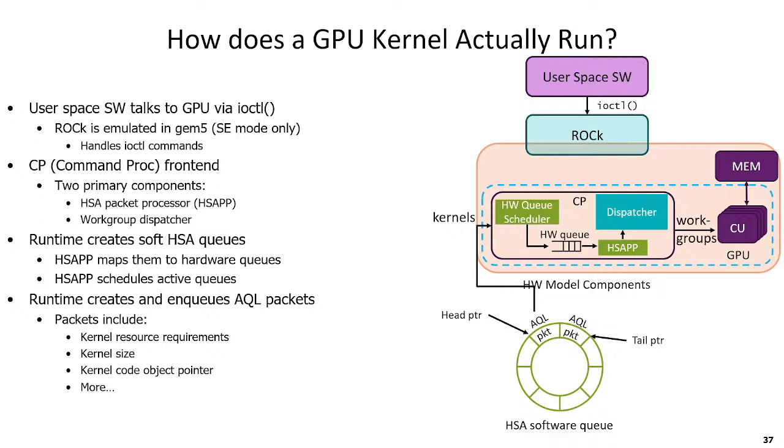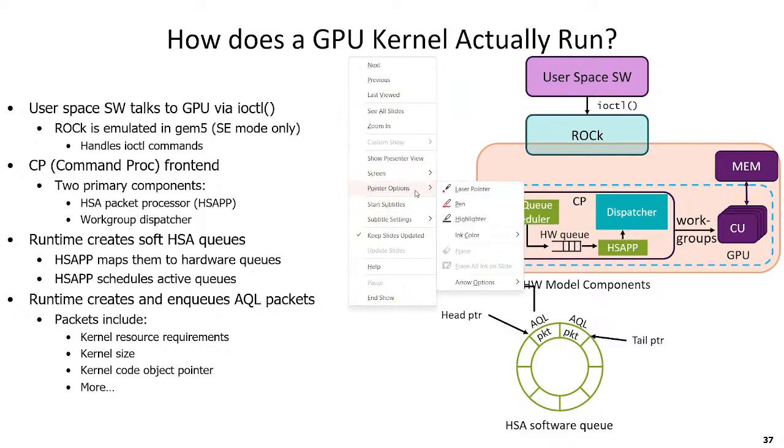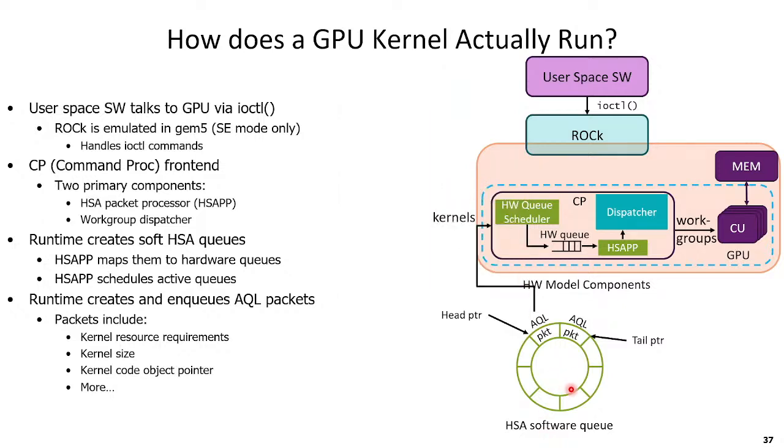The first thing it does is take whatever work we want the GPU to do and create packets out of it. Let me switch to the laser pen here. It enqueues those packets on our HSA software queue, which is a circular FIFO buffer.